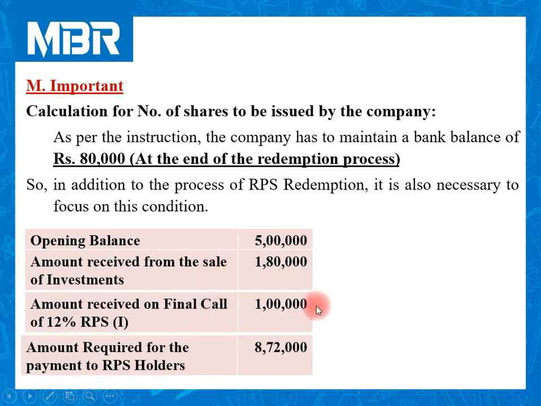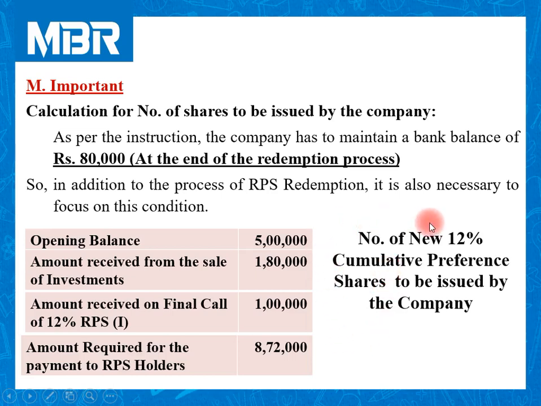We have received rupees 1 lakh as final call on 12% RPS, or RPS 1, and as per our calculation in step number 2, we need to pay rupees 8,72,000 to RPS holders. So by taking care of these receipts and payments, and at the end we need to maintain rupees 80,000 as a closing bank balance, we need to decide our number of shares to be issued.